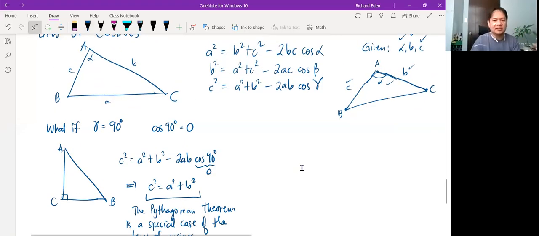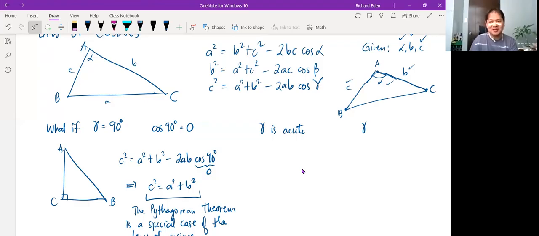Other consequences, ganito. Since we already talked about the case when alpha is 90 degrees and consequently cosine 90 degrees is 0, what if alpha is acute? Another situation we're going to look at, what if alpha, sorry, I keep on saying alpha, I meant to say gamma.